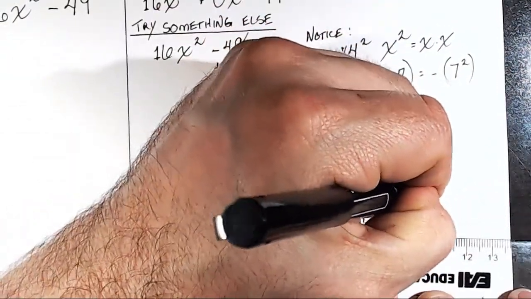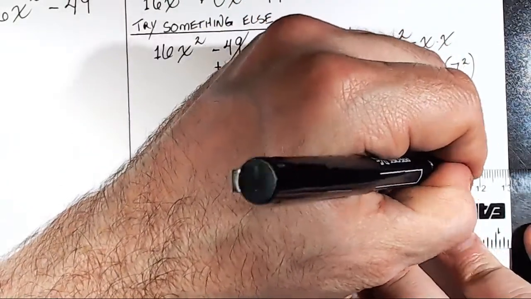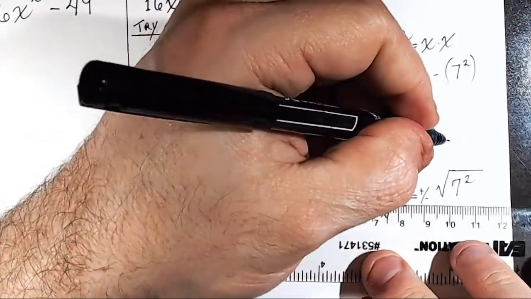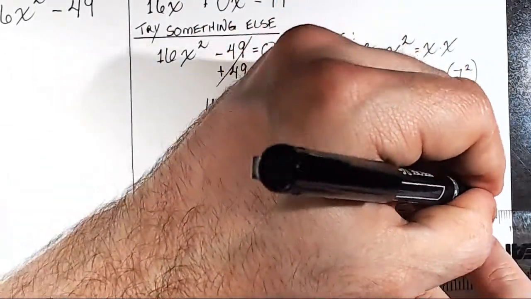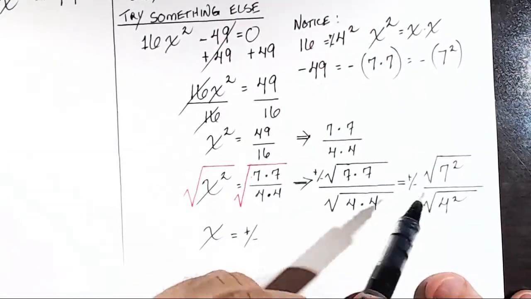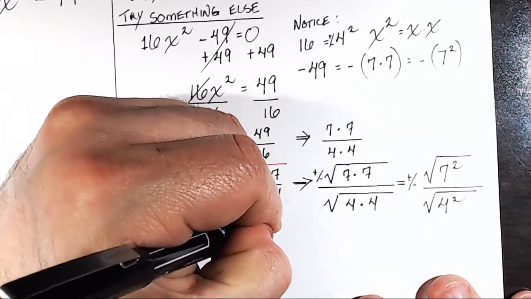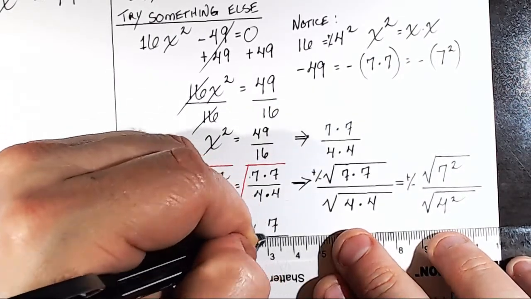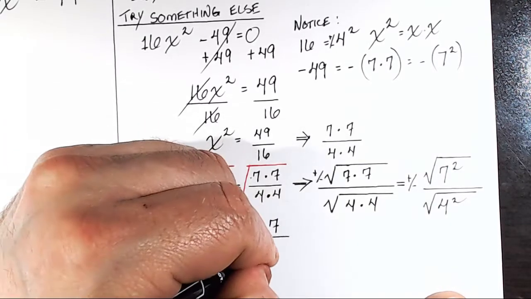This equals plus or minus the square root of 7 squared divided by the square root of 4 squared. So what is the square root of 7 squared? Well, it is just 7 over the square root of 4 squared. What is that? Well, that's just 4.